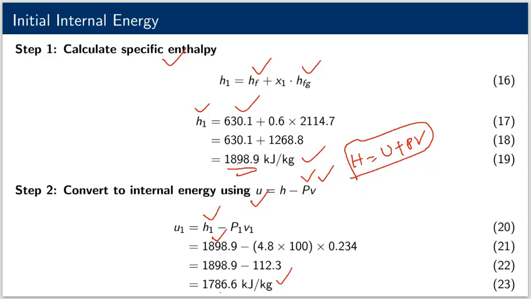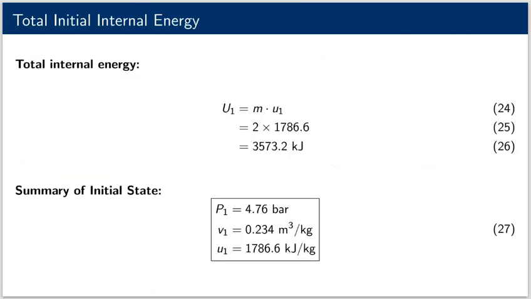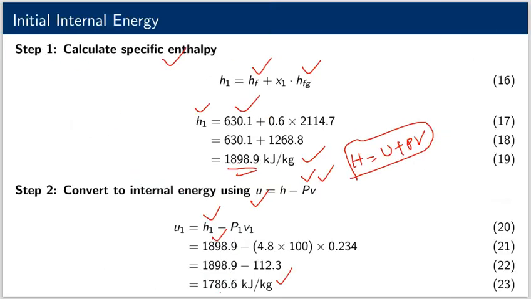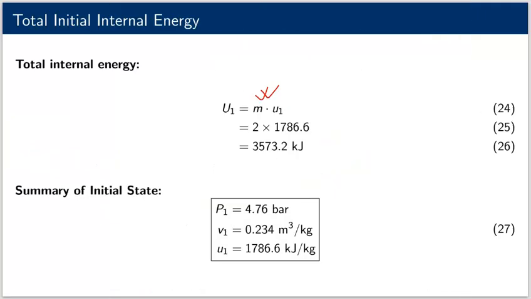1786.6 kilojoule per kg. Now here we have to calculate total internal energy. Mass is given, that is 2 kg. Here you can see that U1 is per kg, kilojoule per kg, so we just multiply by 2 and we'll get total internal energy.